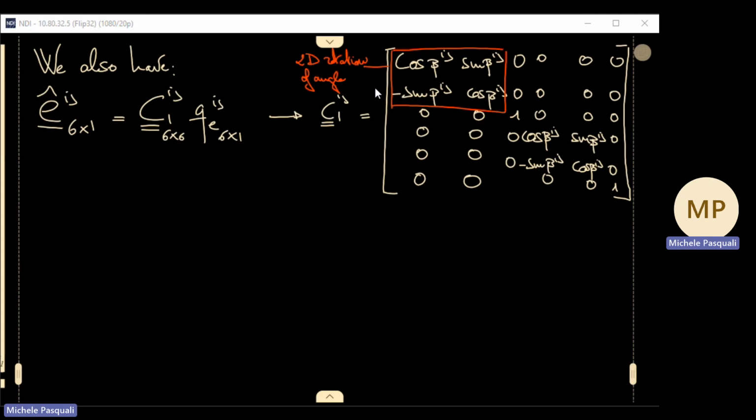Now we make a simplifying hypothesis because basically it just doesn't add much.